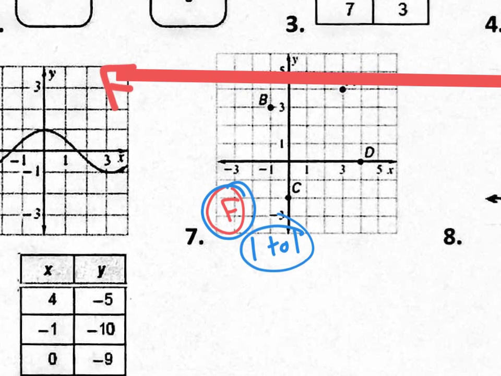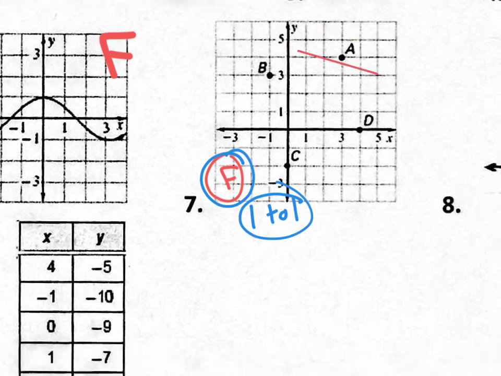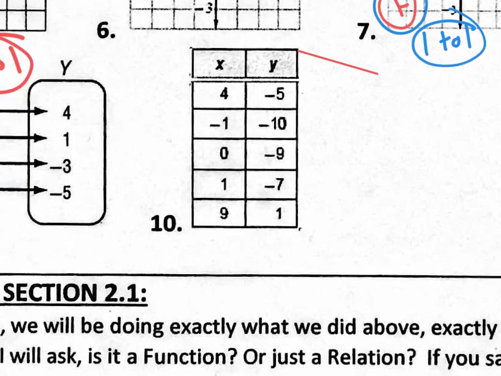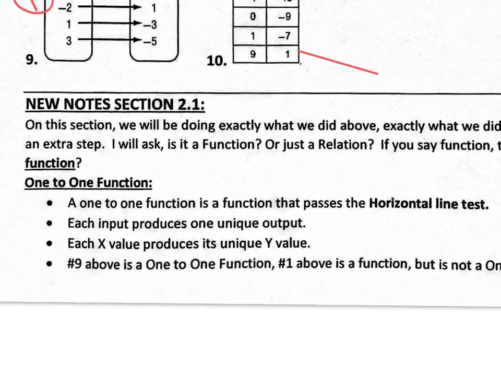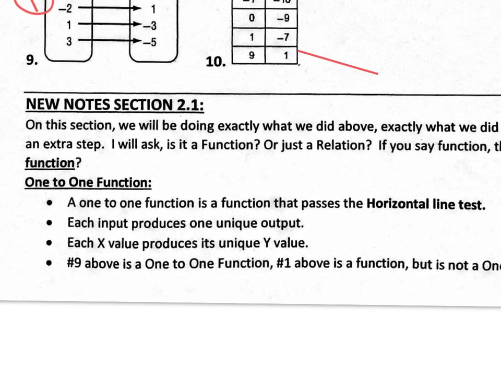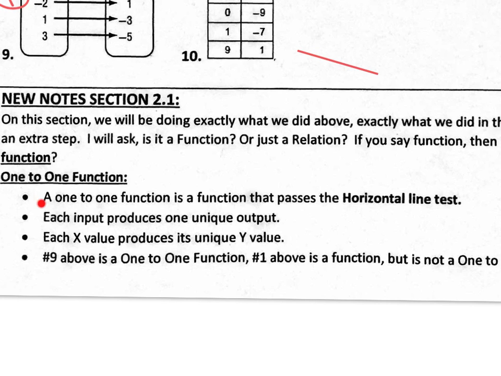So I kind of get this out of the way. I hope this helps you. And down here, it just has the notes for a one-to-one function. A one-to-one function is a function that passes the horizontal line test. We already showed you what a horizontal line test is.